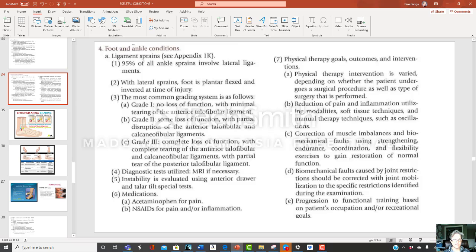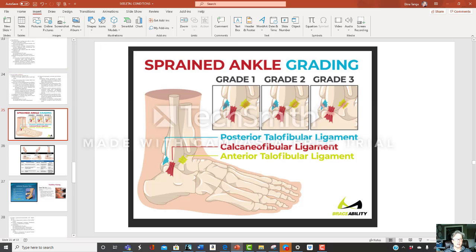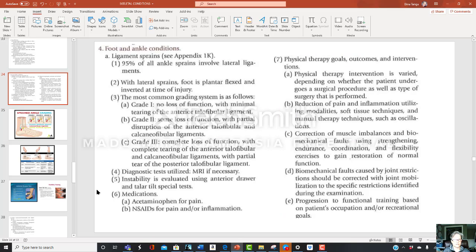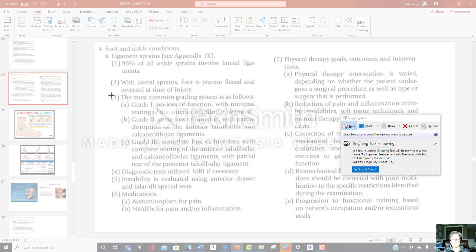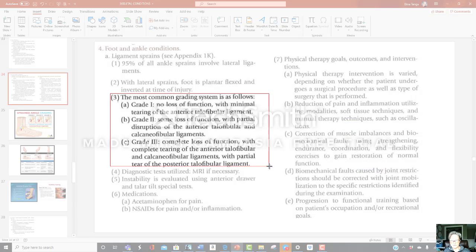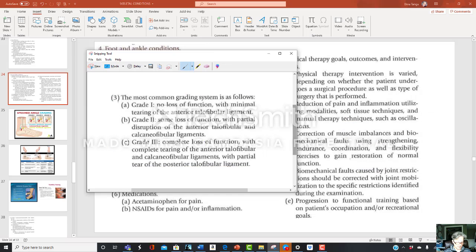Okay, so sprained ankle grading. So the grade 1, grade 2, and grade 3. Let's see, I want to read. Let's go ahead and snip that out of here.